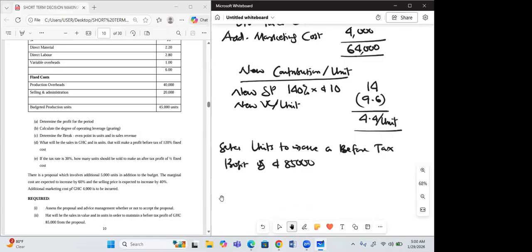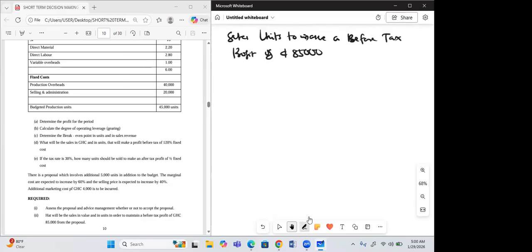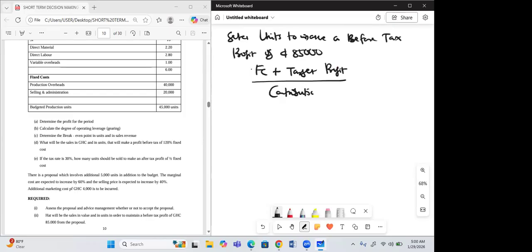Let's find the formula. Fixed cost plus the target profit, over our contribution per unit.